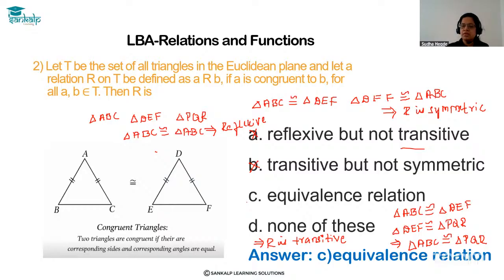Since it is reflexive, symmetric, transitive, it is an equivalence relation. So, option C, equivalence relation is the correct option. Thank you.